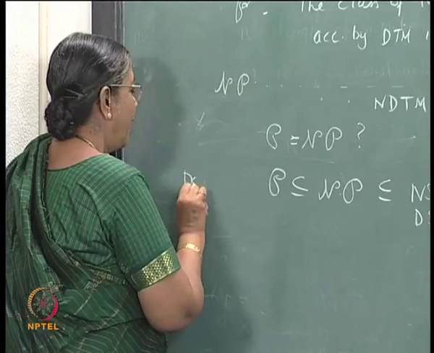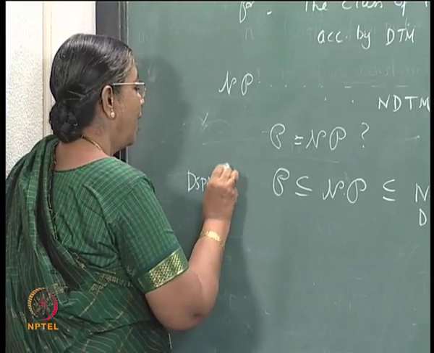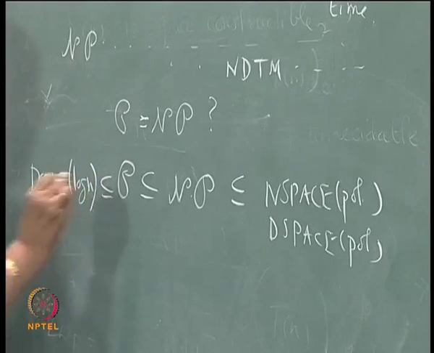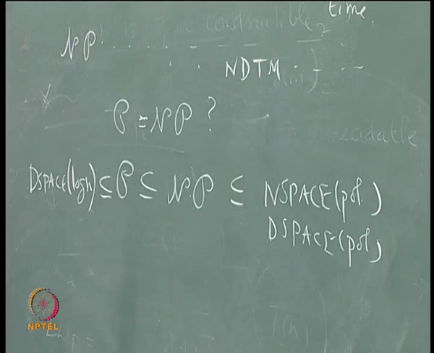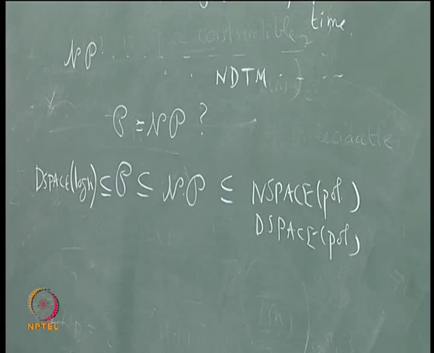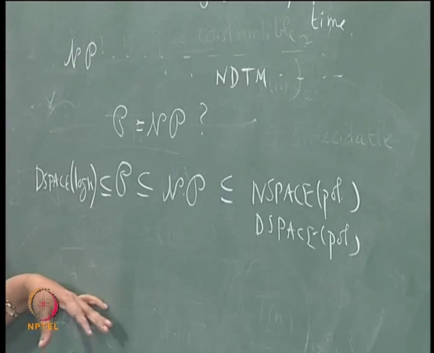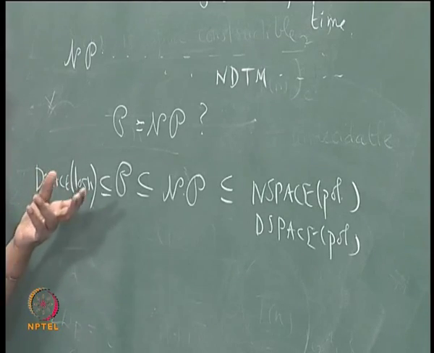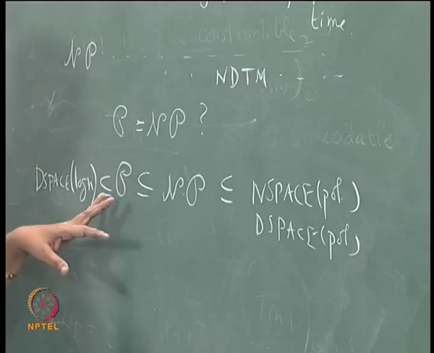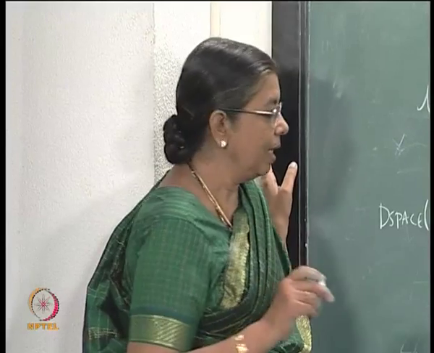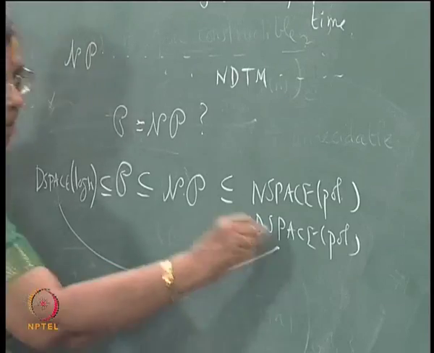Now, D space log n will be contained in P, because in any tape, if you use only log n cells, however many times you move, it will still be polynomial time, right. So this will be contained in this, and by a space hierarchy result, this is properly included in this.